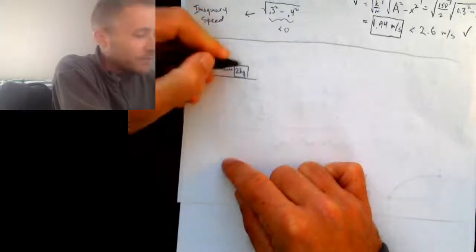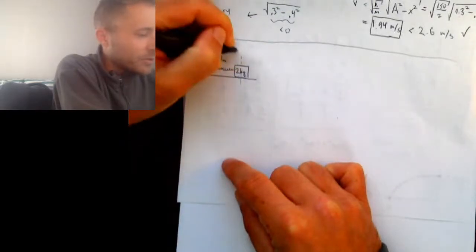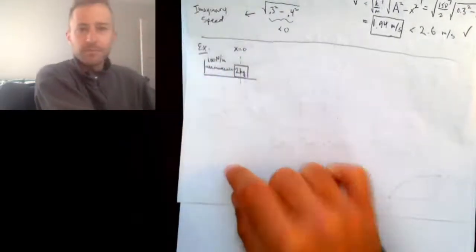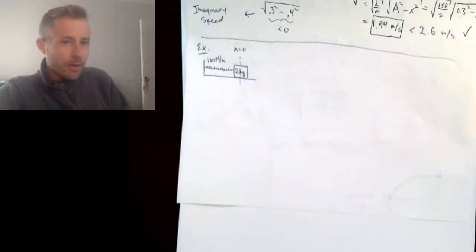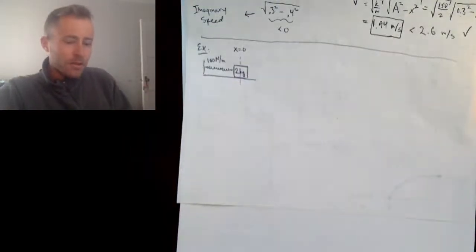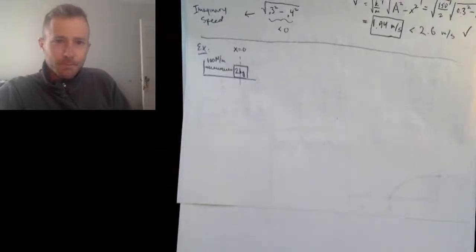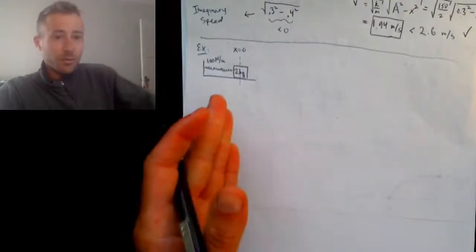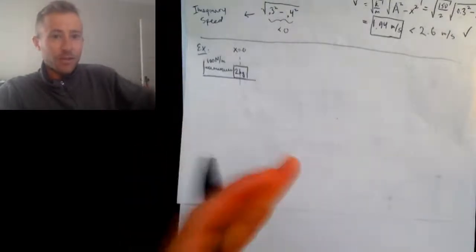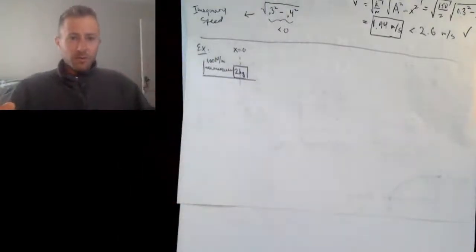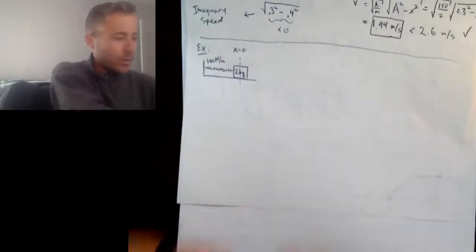And it's sitting at its equilibrium position at rest. Okay? It's sitting at its equilibrium position at rest. So, because it's at its equilibrium position and it's at rest, it's just going to stay there forever if it's undisturbed.